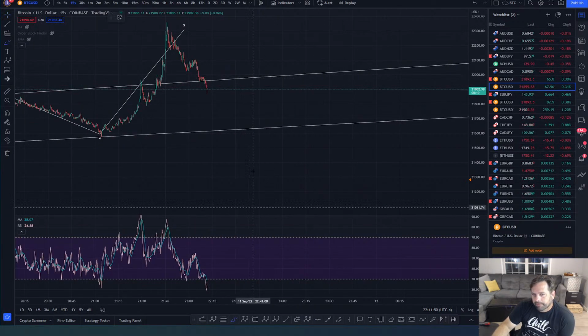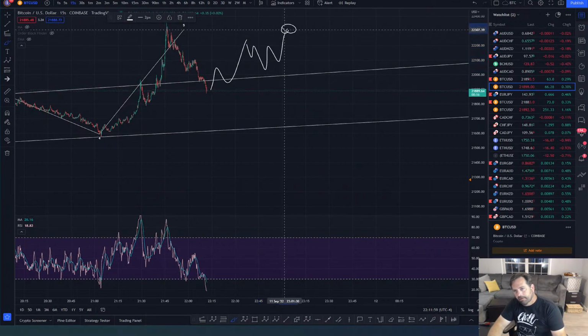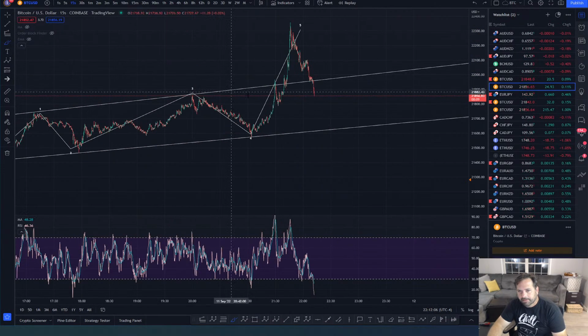A 3-wave something. It might get complex on you. Who knows? And then you might take a short. Shoot, it may just dump tonight. I don't know. It might just dump straight.